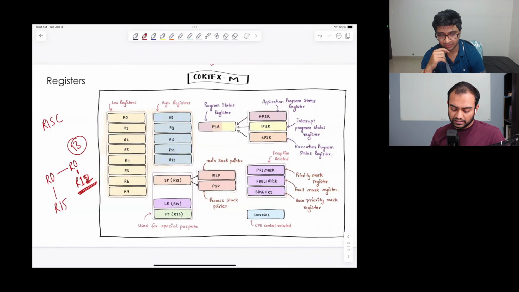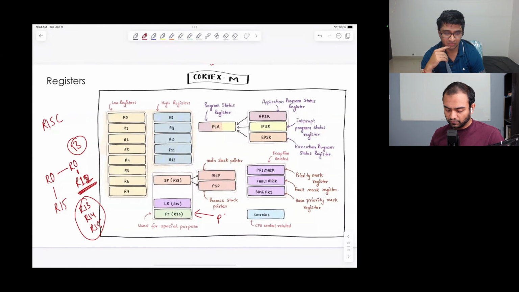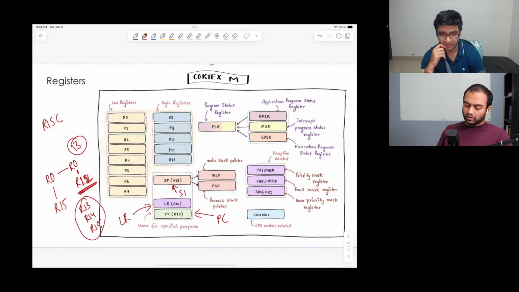And then R13, R14, and R15 are for special purpose: R15 being the program counter, R14 being the link register, and R13 being the stack pointer. The programmer can also manipulate these, right?